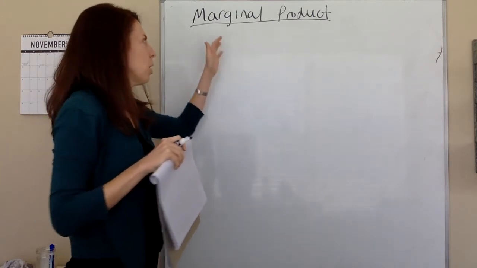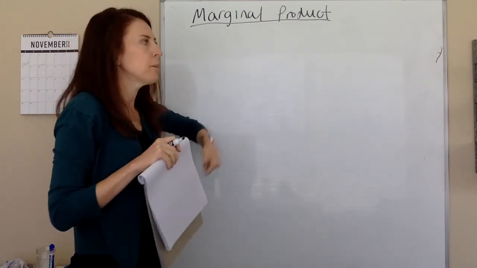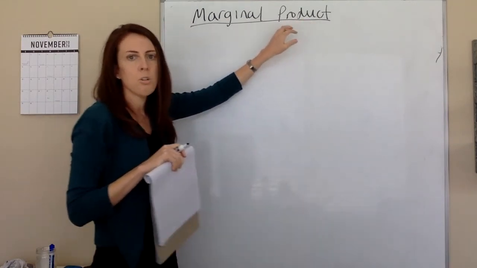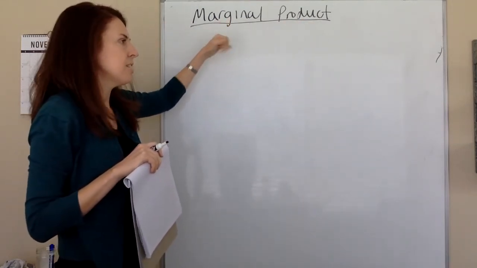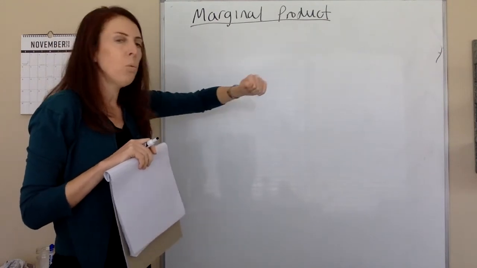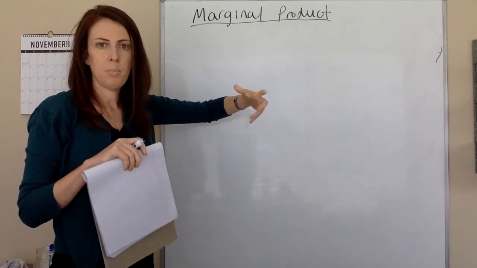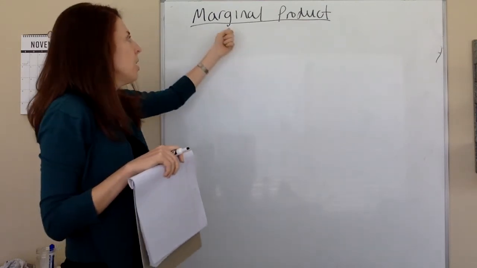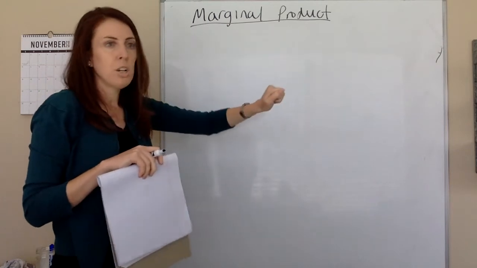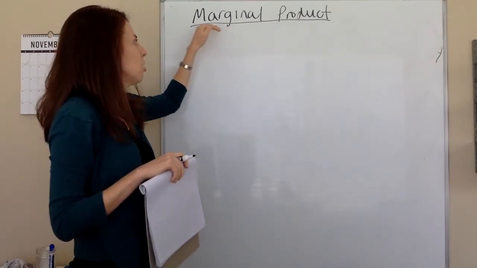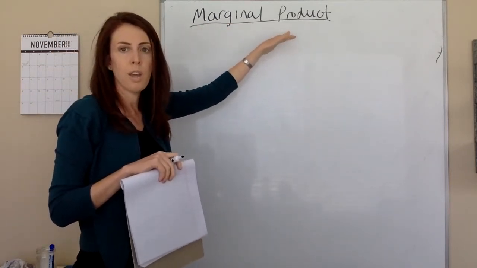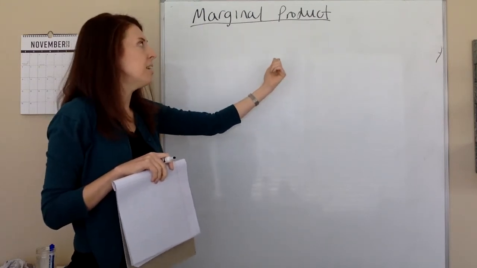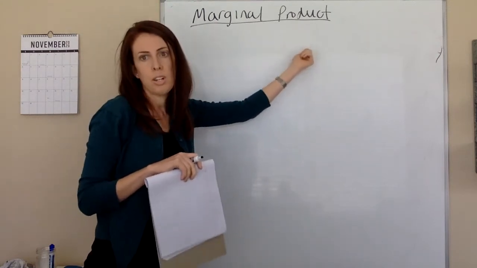So if we're thinking about marginal product, it's the incremental change in the product, which is measuring production. The idea here is marginal product is if you hire one more worker. So we go from having a labor force of 10 people in the factory to 11 people in the factory. That's a marginal increase in one worker. If we want to know the marginal product, then we want to know for that extra one worker that was hired, the 11th worker, how much does he add to the productivity?